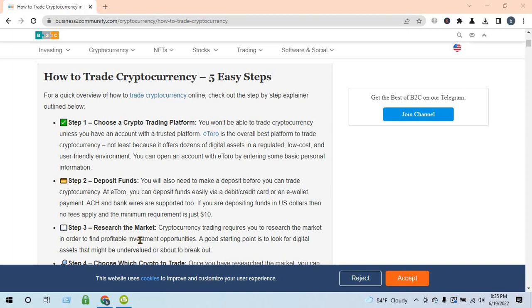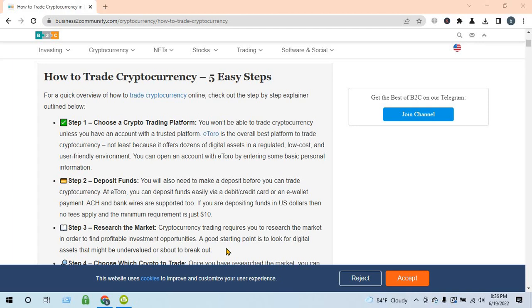Step 3, research the market. Cryptocurrency trading requires you to research the market in order to find profitable investment opportunities.